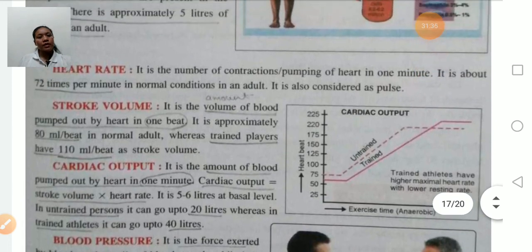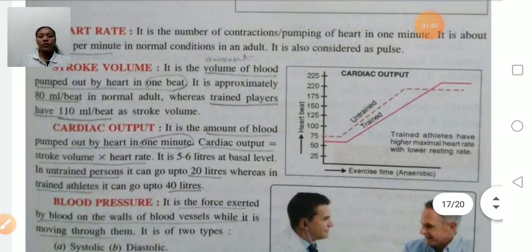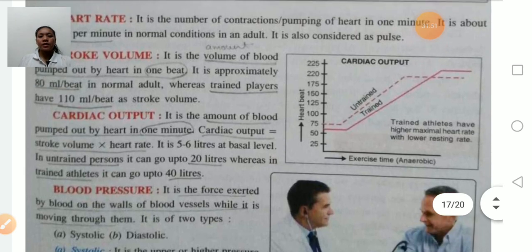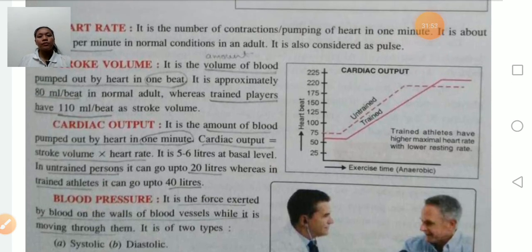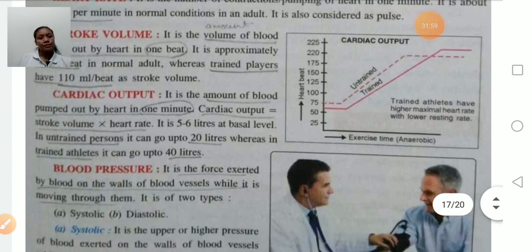Heart rate is the number of beats of the heart in 1 minute, 72 times per minute. Stroke volume is the amount of blood pumped out by the heart in 1 beat. It is about 110 milliliters per beat.